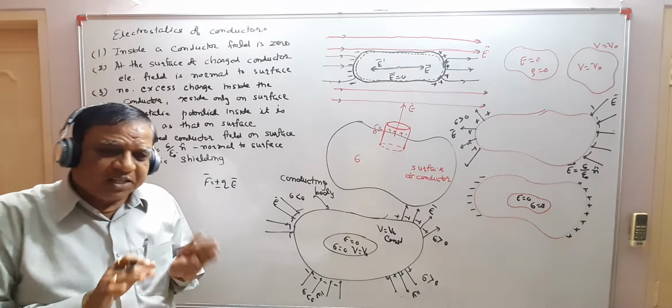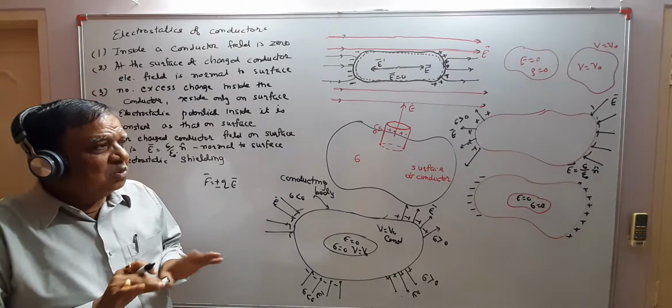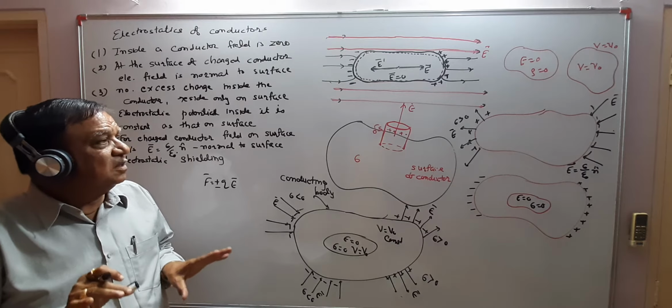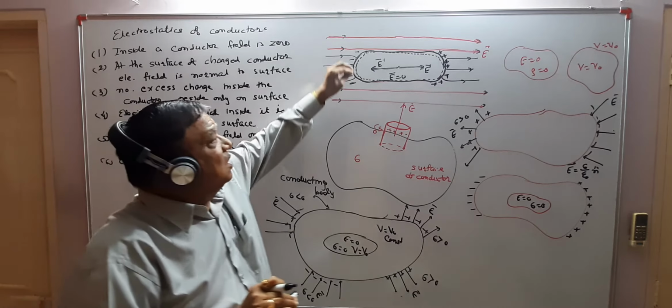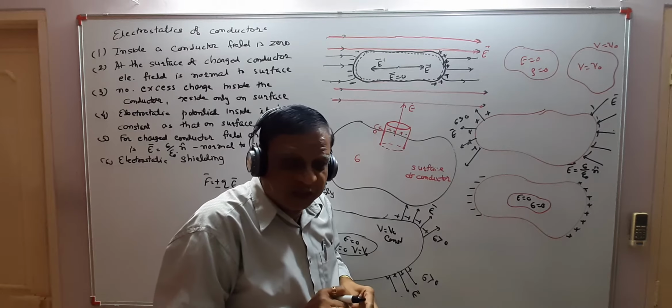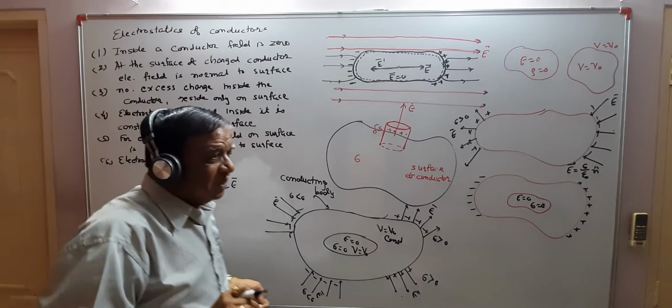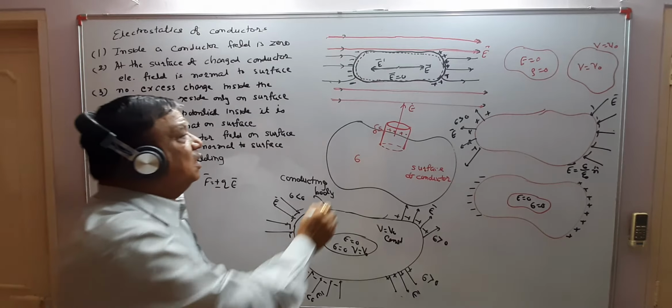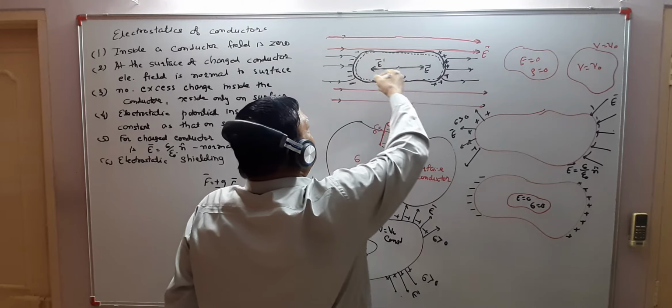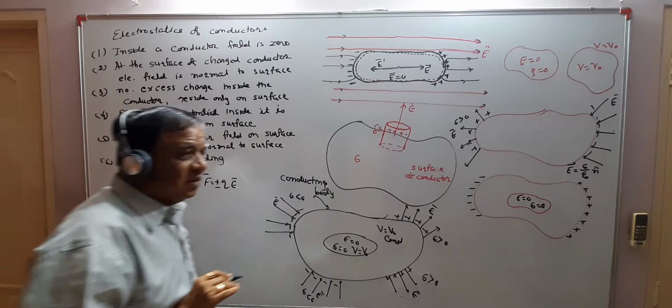Now the charges are steady, stationary on both surfaces. In this situation, it is clear that the field inside the conductor is always 0.